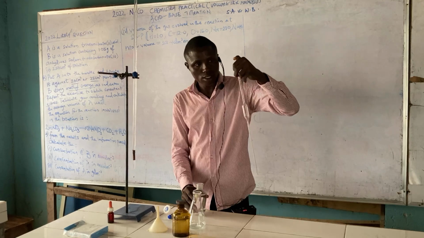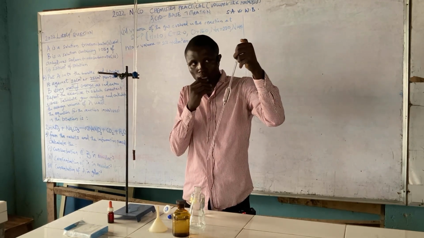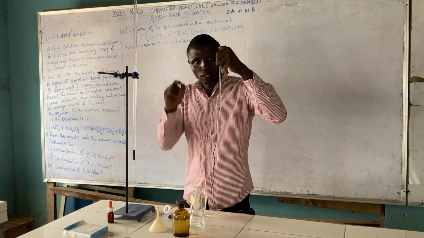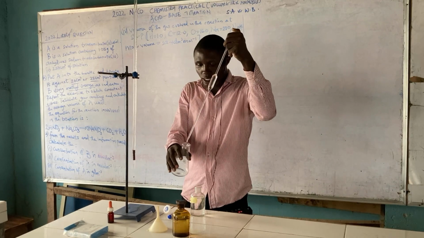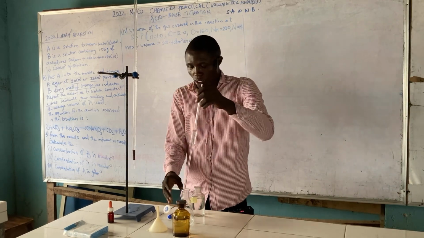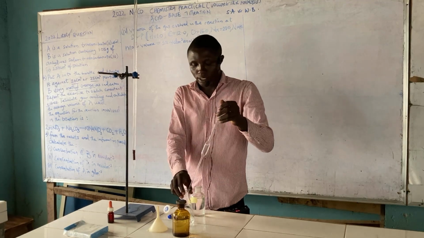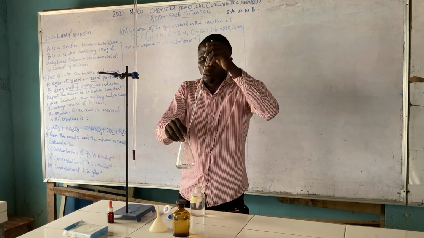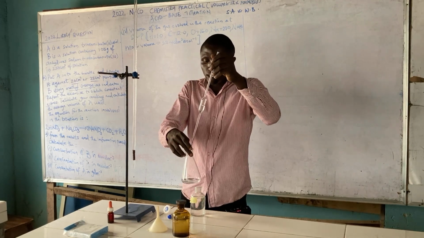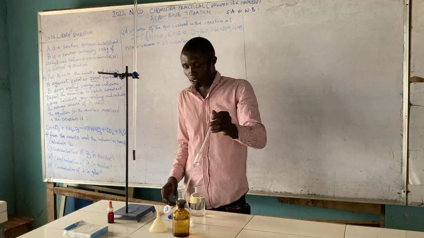So this is 25 cm³ of B, as you can see. This conical flask has been rinsed with B itself. You must ensure that you rinse your conical flask with the solution you want to use it with.